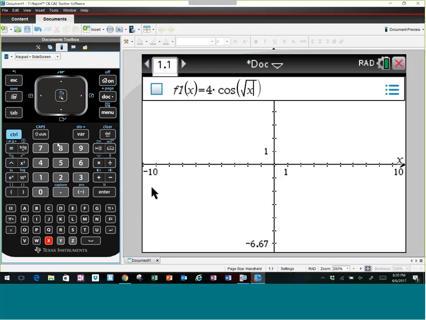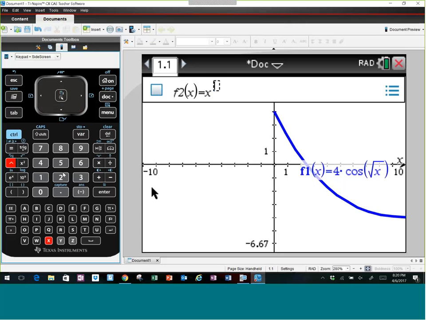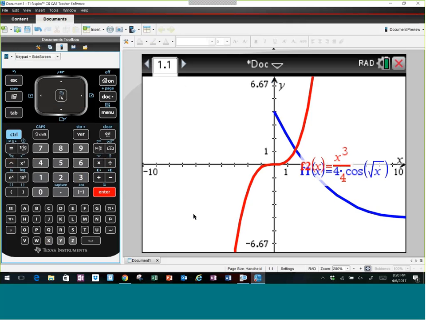Are we going to have two equations, two functions? Yeah, so you can go ahead and graph that one. And then for the second one, I'd like to look at just x cubed over 4. Okay, and there we go.